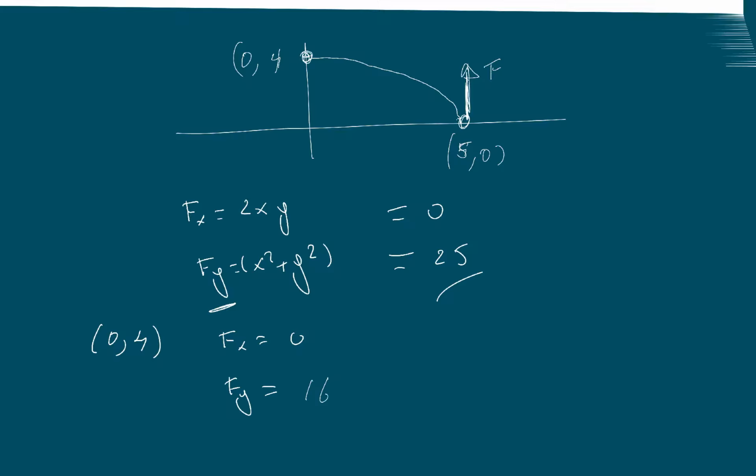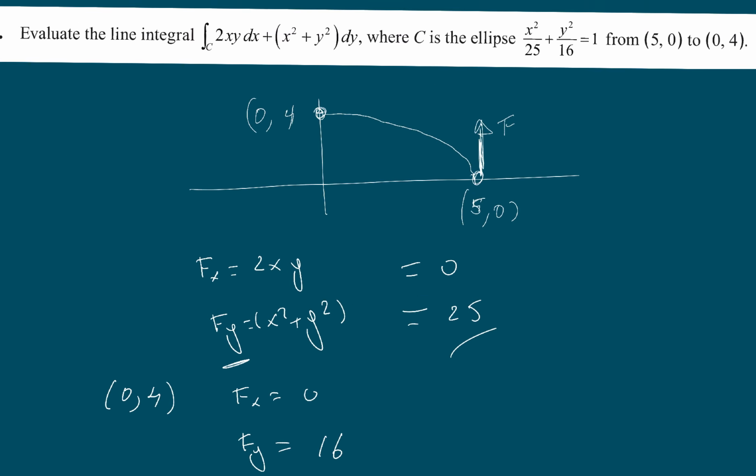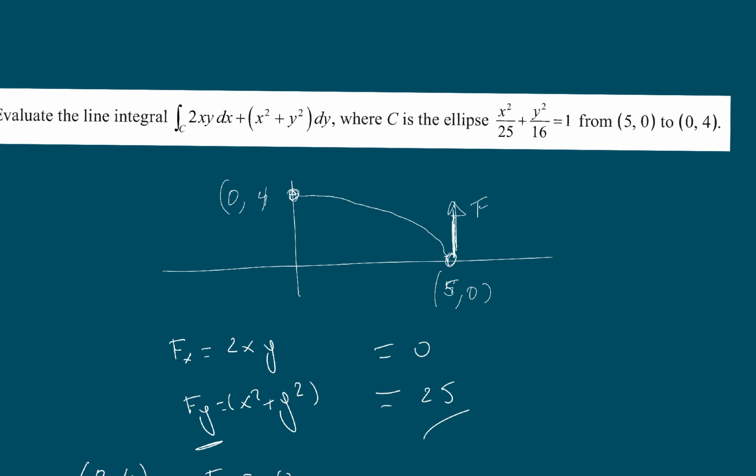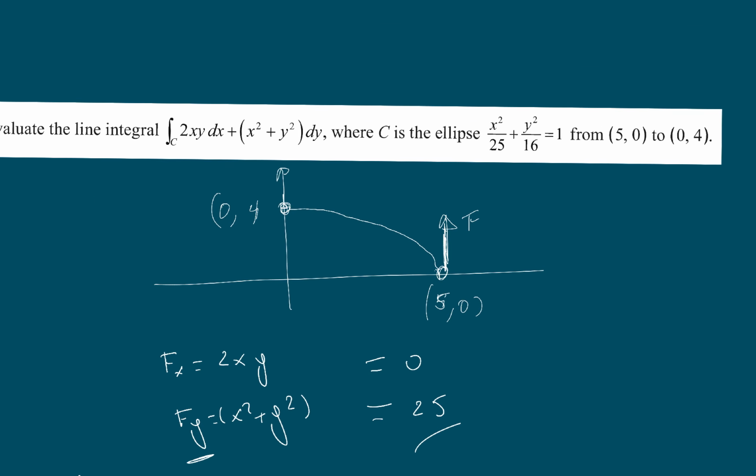Y squared is 16, so the component y is 16, so it will be like this, 16 going up. So at any point of the ellipse, there is a vector field. So you walk through the ellipse and you want to find the work, the integral of F dot dr. You want to find this integral.